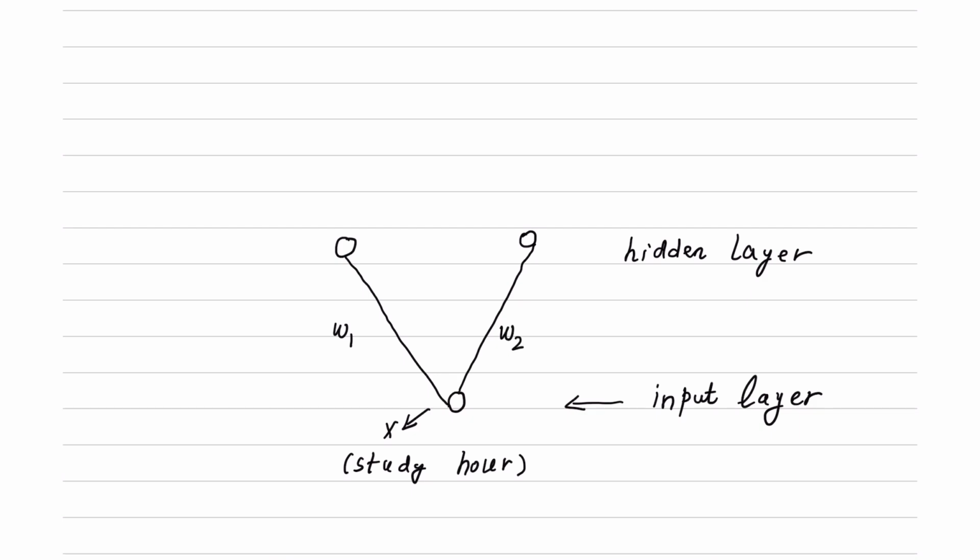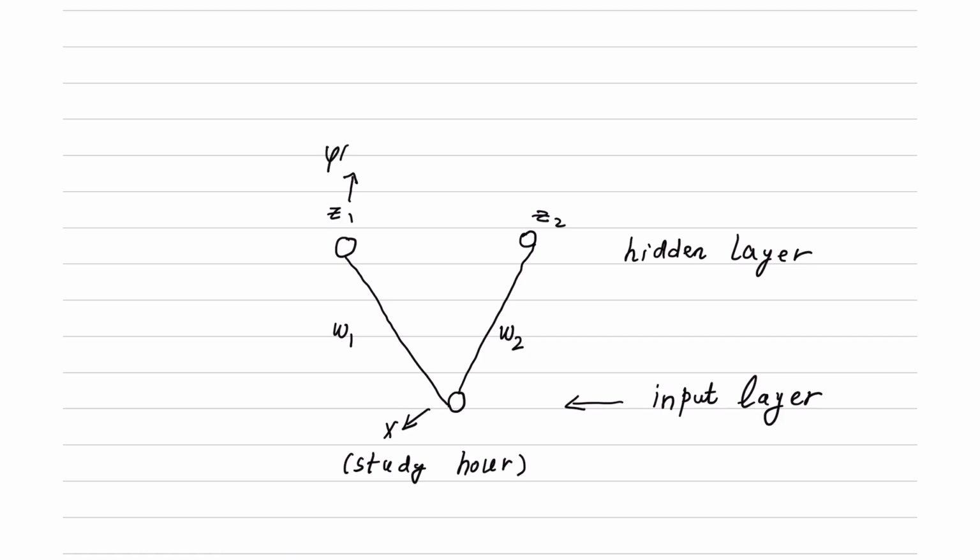We'll talk more about these two weights later. So these two neurons, let's name them Z1 and Z2.